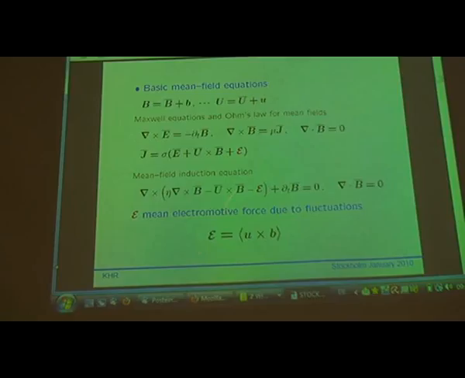And it is just at this place that I have this mean electromotive force formed with the fluctuations of U and B. You can take these equations and derive the mean field induction equation, where you have here again this E, or you can also average the original induction equation and arrive at the same result. These are the mean field equations.